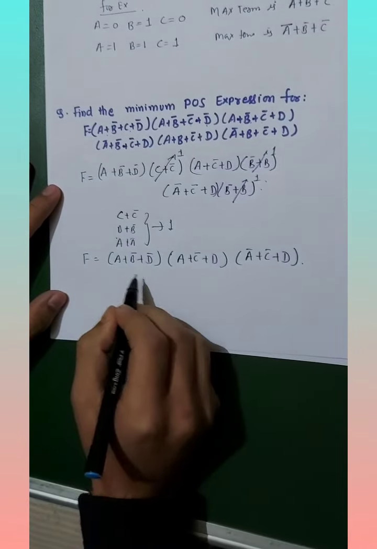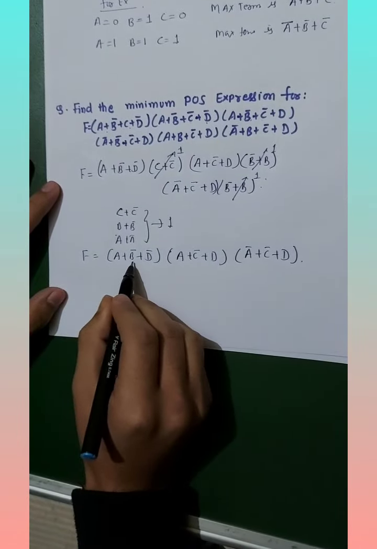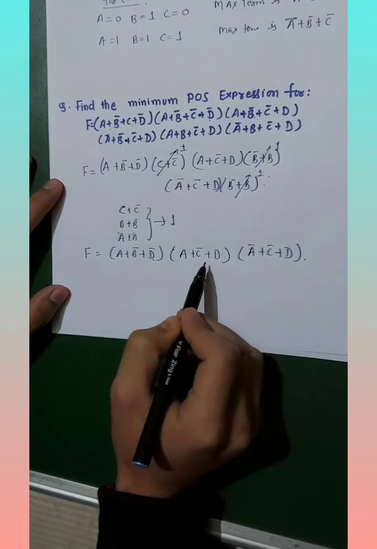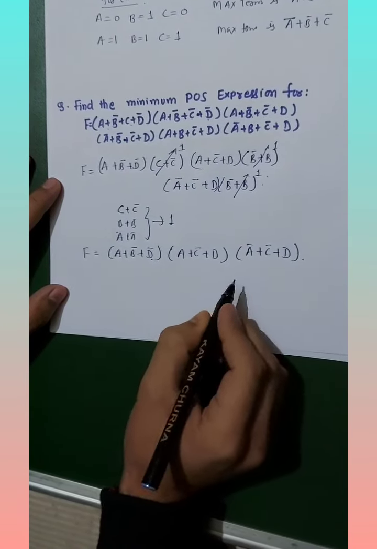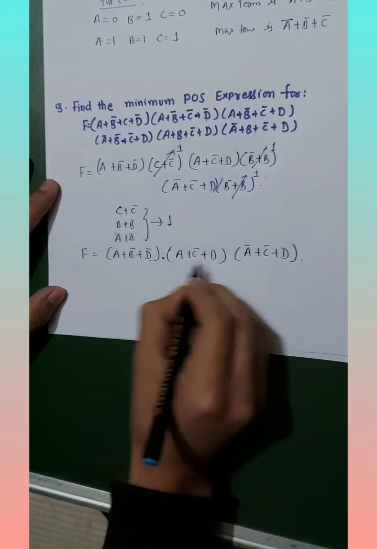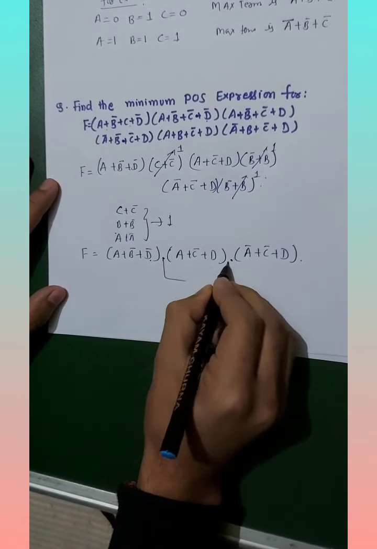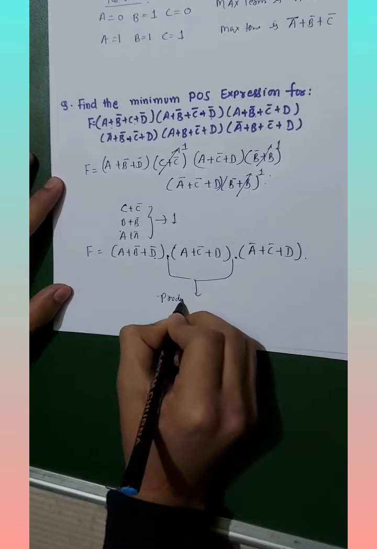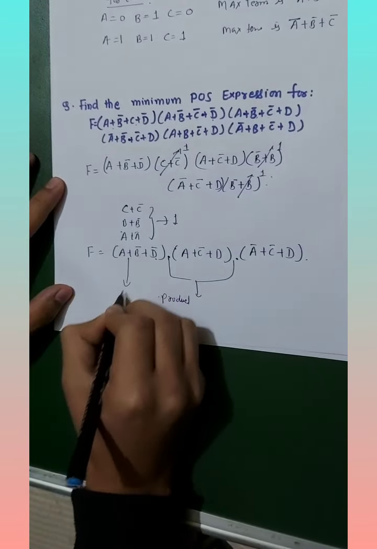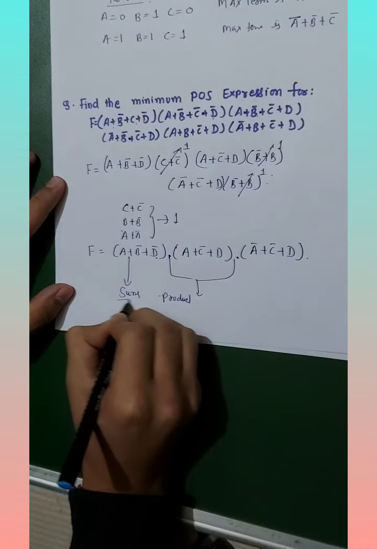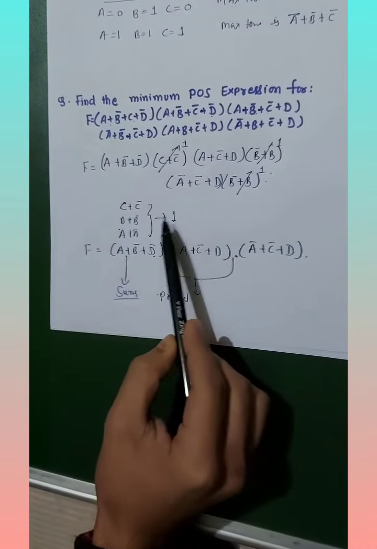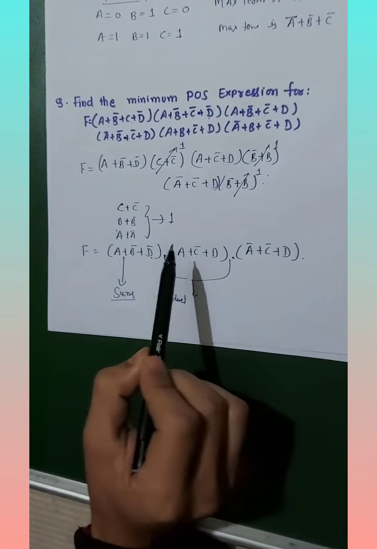Here we have A, B bar and D bar, and here A bar, with no common factor. So we can say that these are the product of sums. Here is the product and these are the sum terms. So we can say that this is the product of sum. By giving the example, it will clear your doubts.